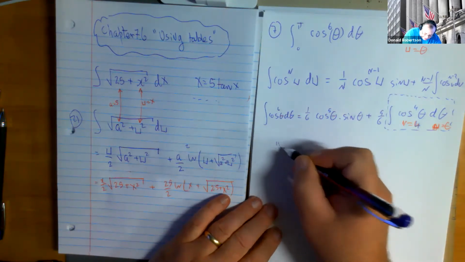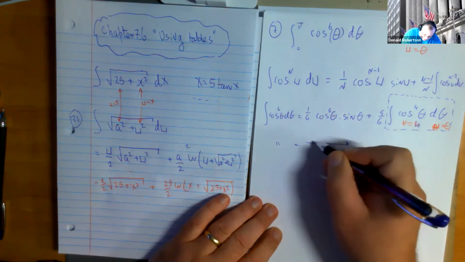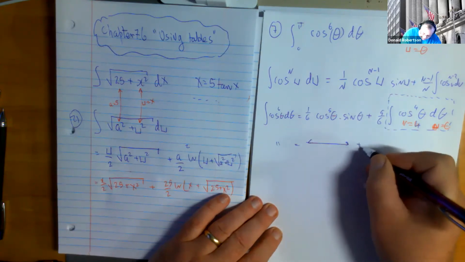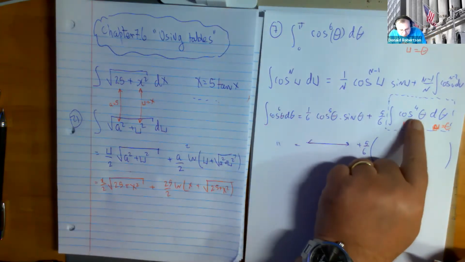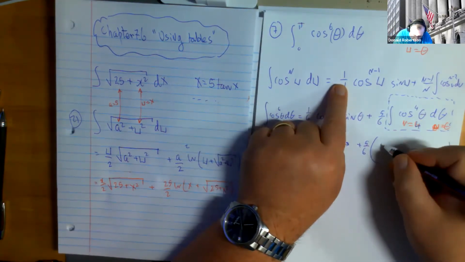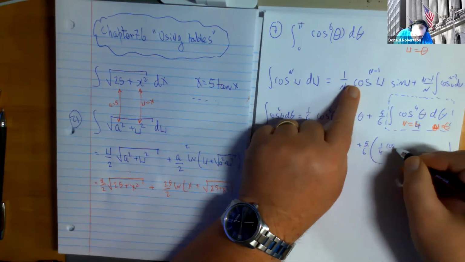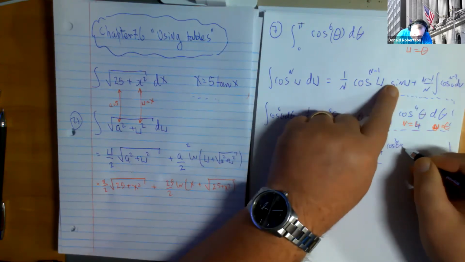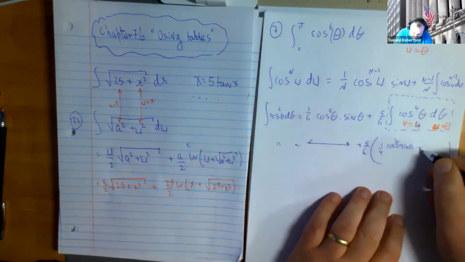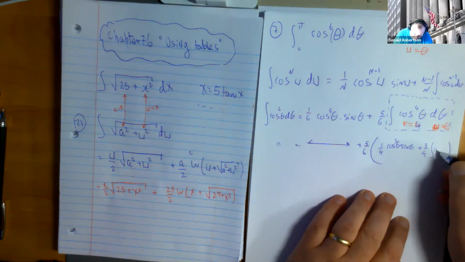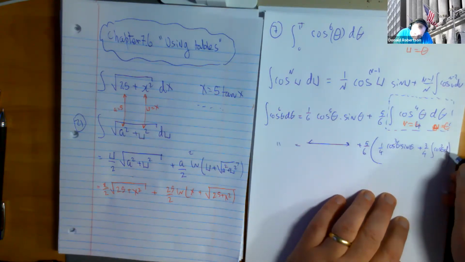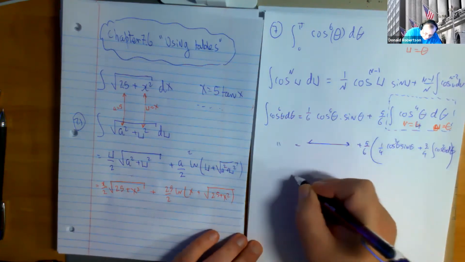So this is equal to all of that mess, so I don't have to write it again, plus 5/6, put a big bracket around it. When you do a 4, you get 1/4 cos cubed sine plus 3/4 the integral of cos squared d theta, and to which I get this.